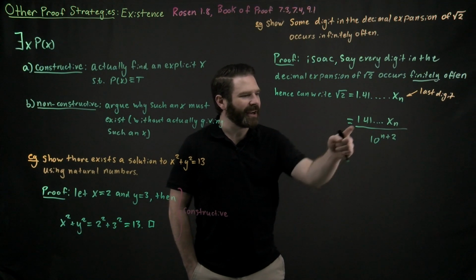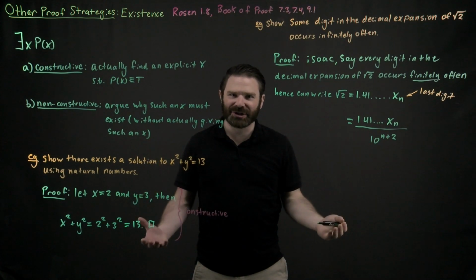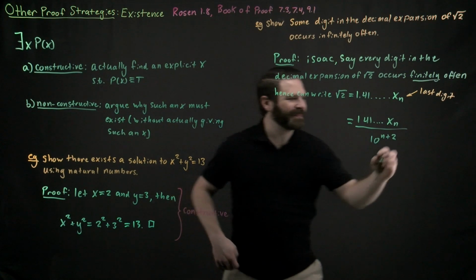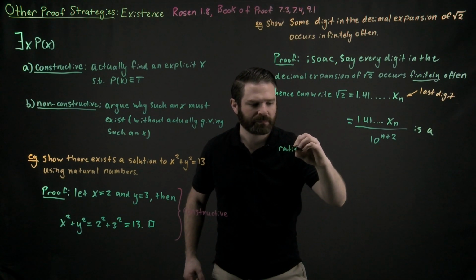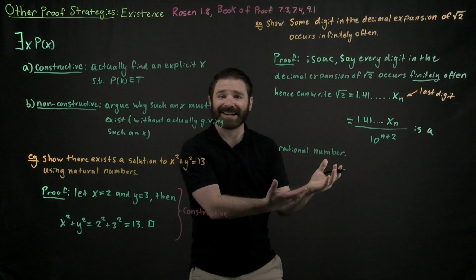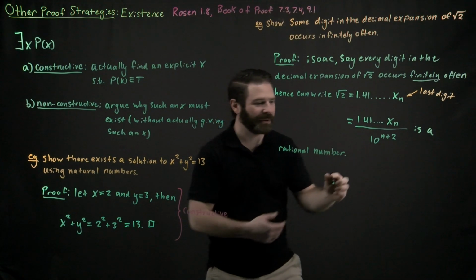And you'll notice that on the top here, we have an integer, and on the bottom, we have an integer. Well, an integer divided by an integer, that's a rational number. But that's a contradiction, right? Because we've already showed that the square root of 2 is an irrational number.